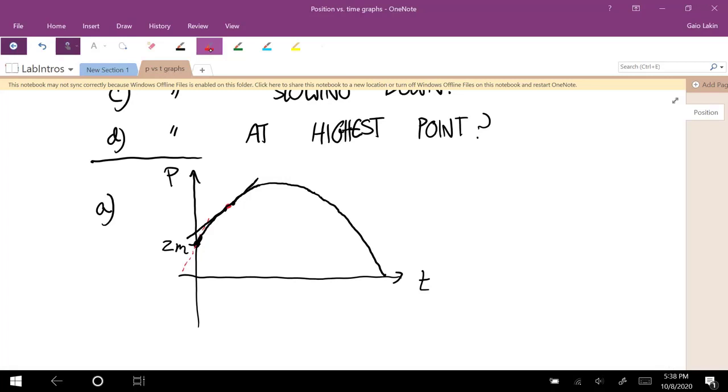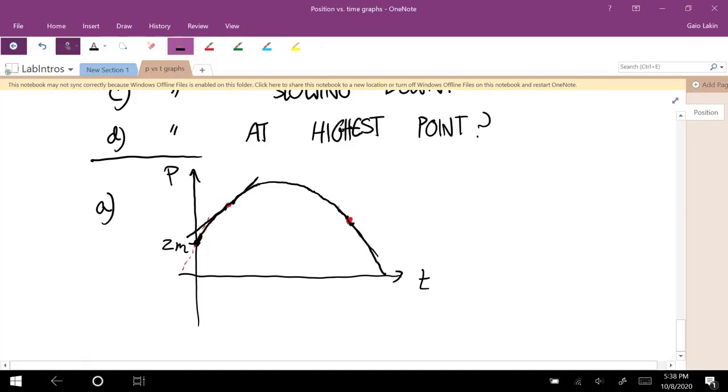And then once it turns around and starts coming back down on that second half, any point you look at, if you draw the tangent, it's going to have a negative slope. So the first half of this graph represents when the object's on the way up, and the second half represents when the object's on the way down.